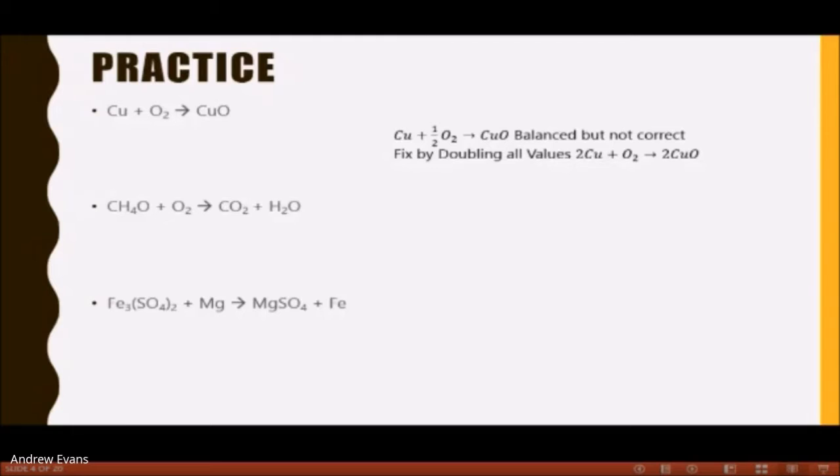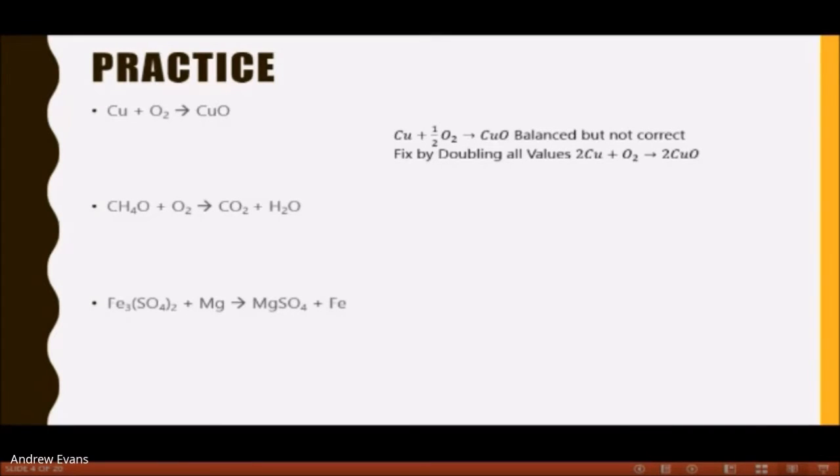It would be so easy to make it a half molecule of oxygen. Well, actually, that'd be 1.5 molecules of oxygen, 3 halves essentially on the left. However, once again, we need an integer value.